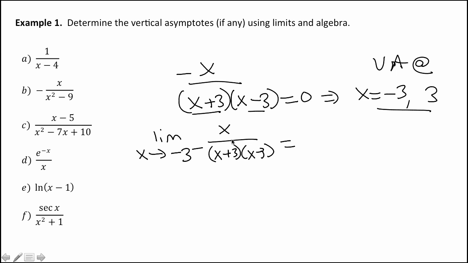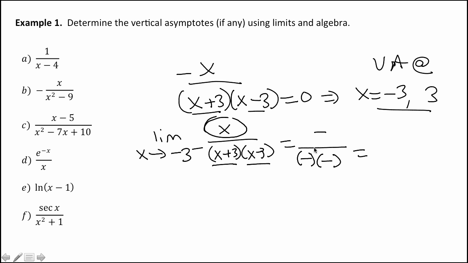Now, see if you can follow this. You're going to plug in negative 4 for every x you see. If you plug in negative 4 into the numerator, you're going to get a negative number. If you plug in negative 4 into x plus 3, you're going to get a negative number. If you plug in negative 4 into x minus 3, you're also going to get a negative number.